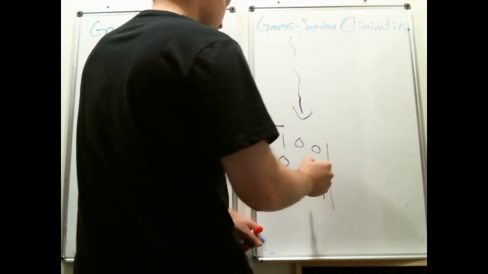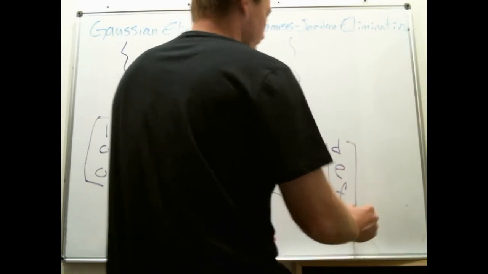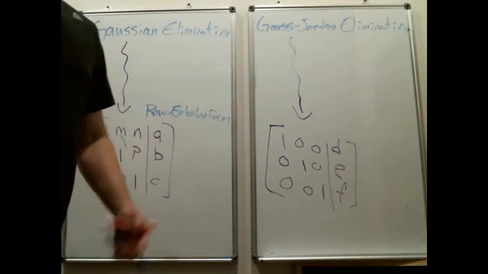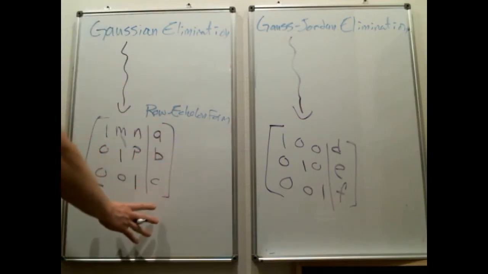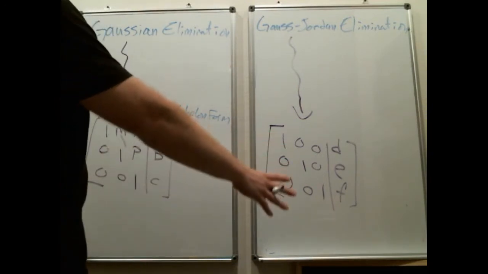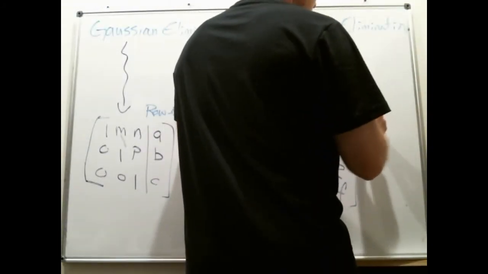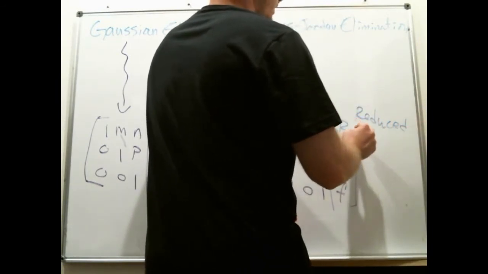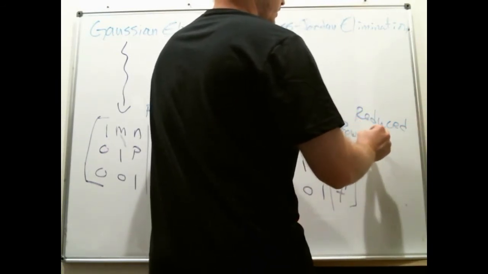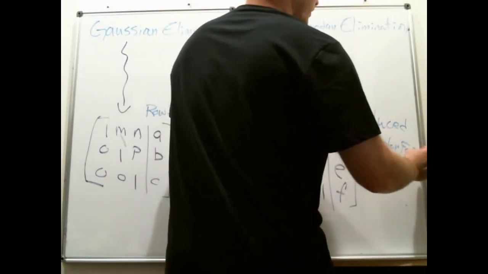Having a hard time picking letters today. D, E, F. And so this is called reduced row echelon form. This is row echelon form. This is reduced row echelon form. So same wording basically. Reduced row echelon form.